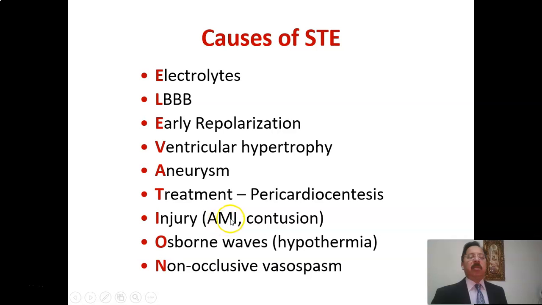That's the most common cause, acute myocardial infarction. Then cardiac trauma, contusion, Osborn wave of hypothermia, and non-occlusive vasospasm of Prinzmetal's angina. All these can cause the ST segment elevation.